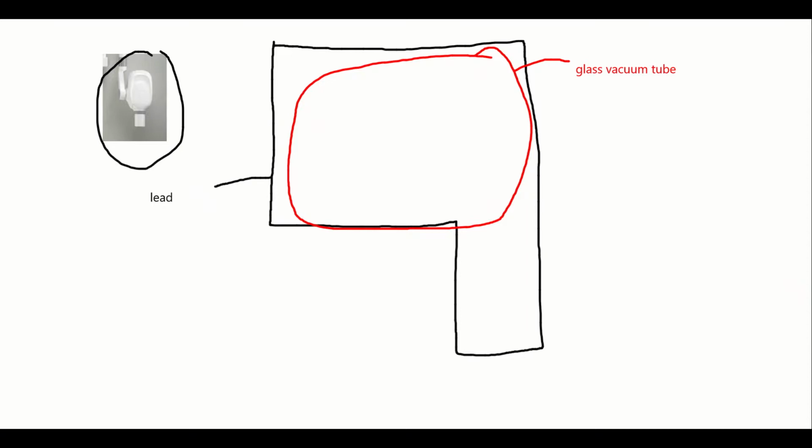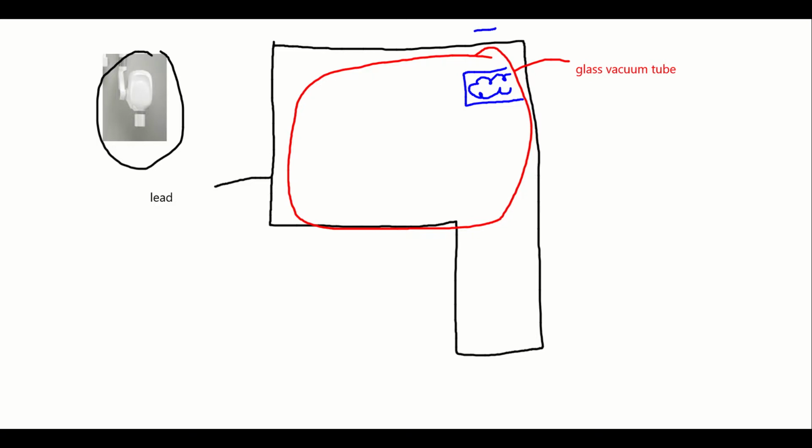Okay? Now, there are two components inside the glass vacuum tube. There's one component over here, and there's a coil on the inside of that, and it's really hard to draw with my mouse, so excuse my terrible drawing here. And this side of the tube head is actually negatively charged.